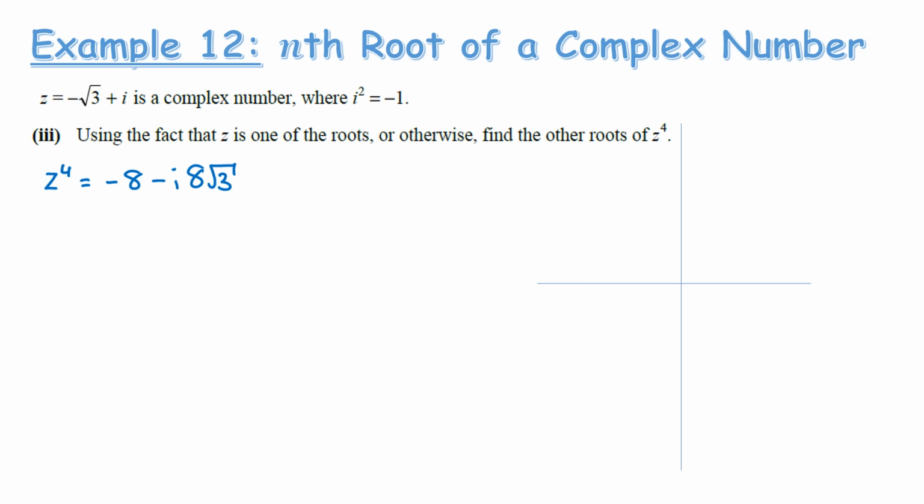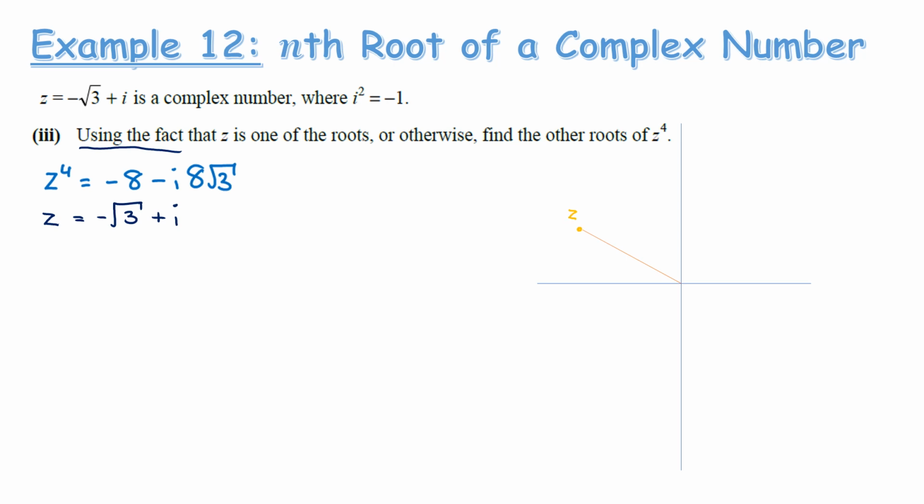Because I know that z is a root, and that is minus root 3 plus i, I'm going to use that fact, like they told me in the question. I'm not going to use the otherwise. I'm going to use that fact to find the other roots. So what I'm going to do is just do a plot. Here is my minus root 3 plus i. I'm going to dot that there, and call that z.